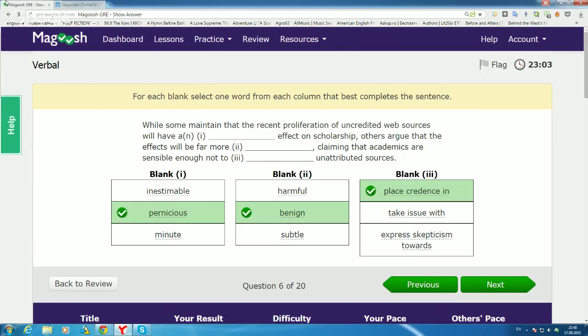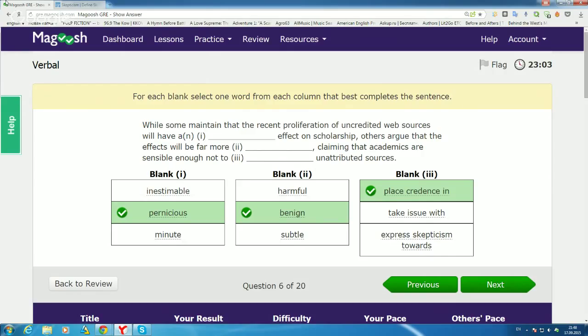Why doesn't that fit? People who are researchers, do they believe unattributed sources?